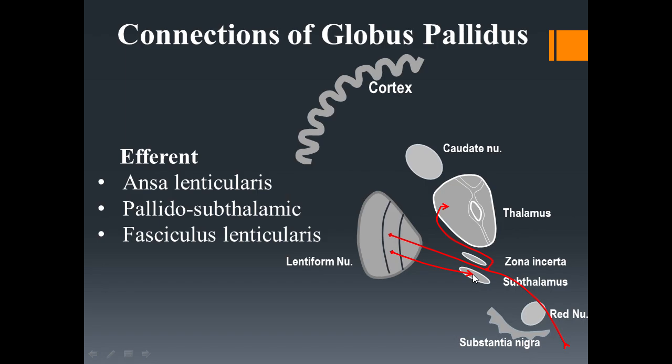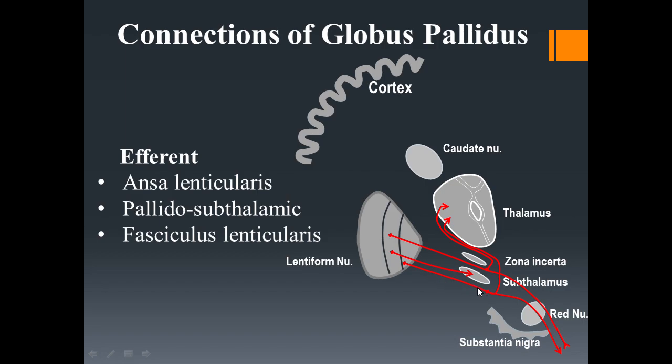And the third efferent fiber is the fasciculus lenticularis. The fasciculus lenticularis arises from the inner segment of the globus pallidus.